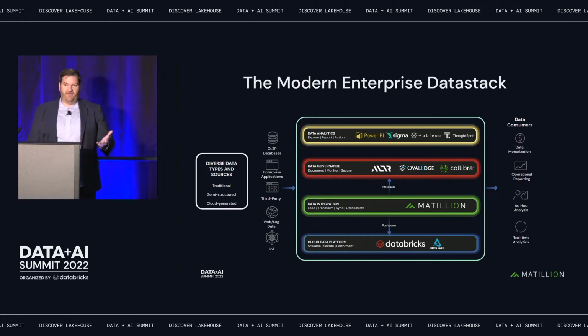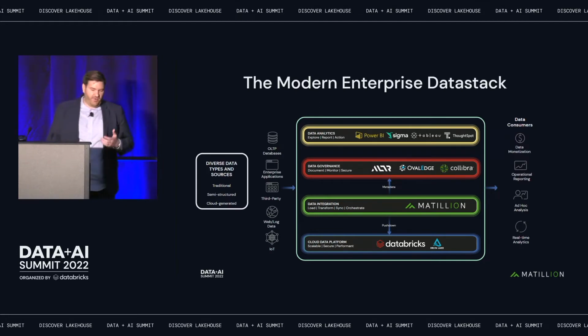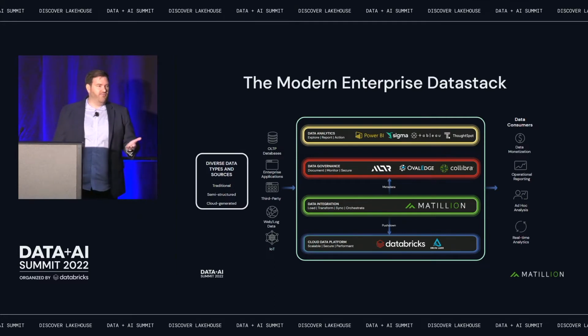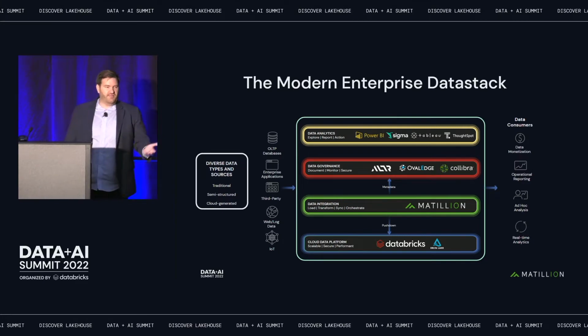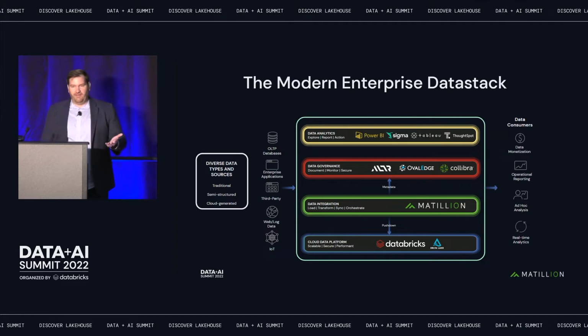We can make sure that everybody is doing the right things with data. And the way that Matillion does this is by integrating with lots of other players in the stack that have enterprise-grade offerings like your data catalogs, your data governance providers, data analytics providers, and sharing metadata of what's happening with your data pipelines and data workflows so that those layers can understand what's going on and do smart things for you as well.